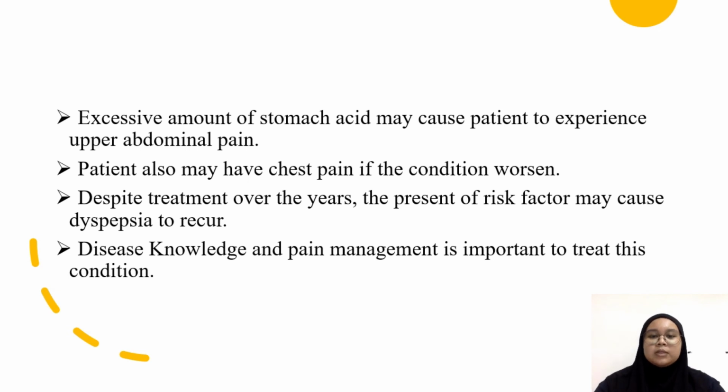So for this case study, despite treatment over the years, the presence of risk factors may cause dyspepsia to recur, which means even with the treatment, the patient still has symptoms like the upper abdominal pain and also the heartburn, because he is a heavy smoker and still consumes alcohol.